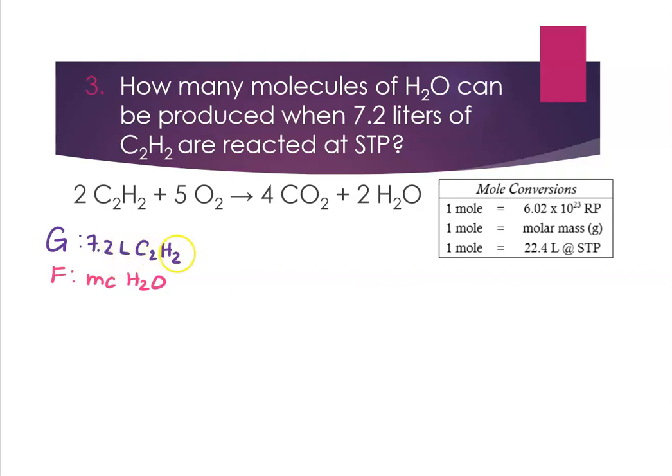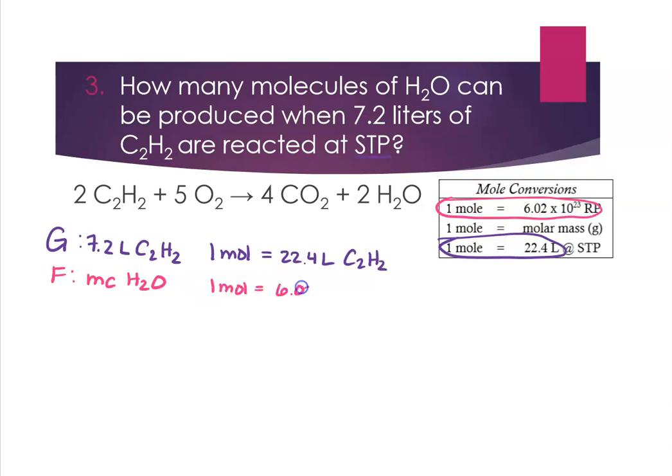So to get from liters of C2H2 to moles, I need my conversion factor. 1 mole is 22.4 liters. And I'm at STP, so I can do that. And molecules of H2O is particles. So I need 1 mole is equal to 6.02 times 10 to the 23rd molecules of H2O. You can write RP instead of MC if you'd like to.